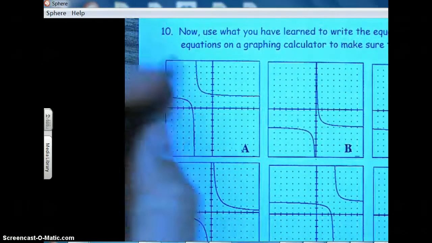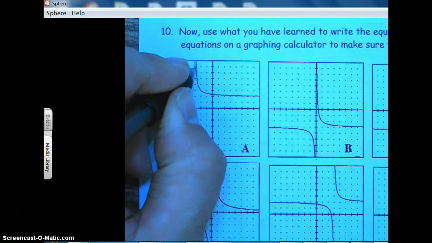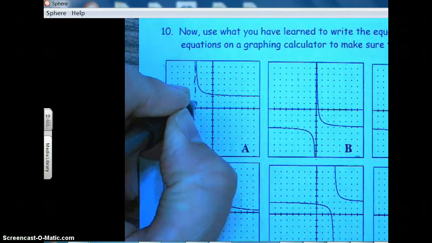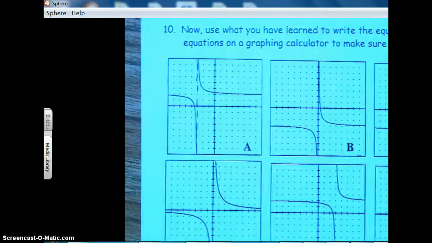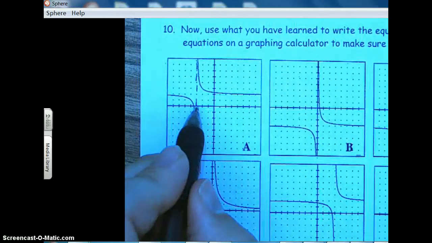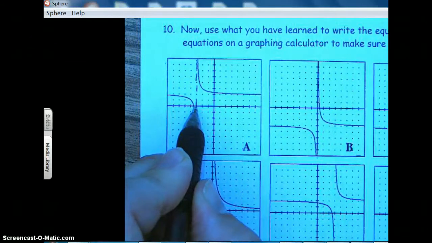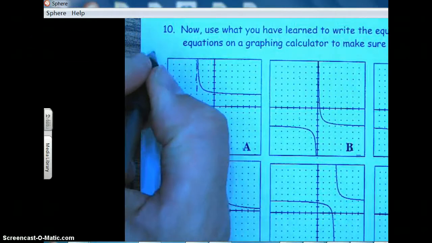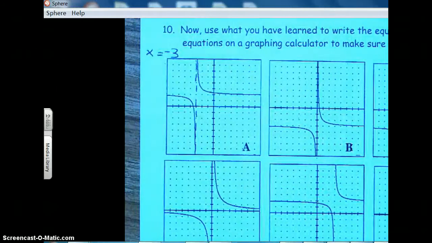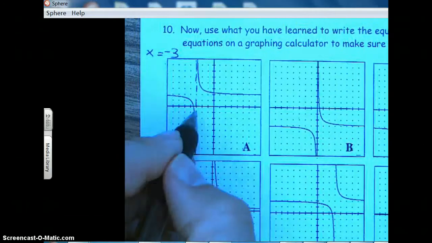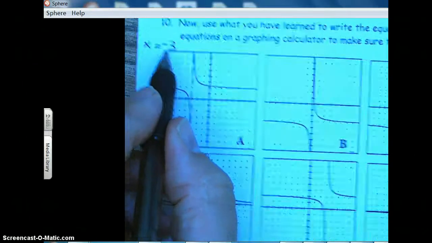Okay, so right off the bat, the first thing I'm going to do is look for my vertical asymptote. Okay, so my vertical asymptote is x equals -3. Okay, so once we have that, we know that x cannot be -3.